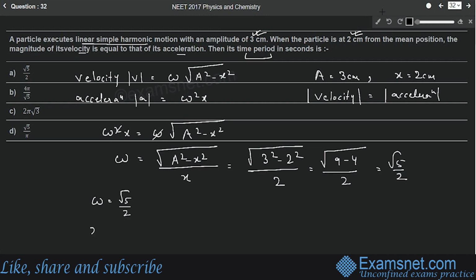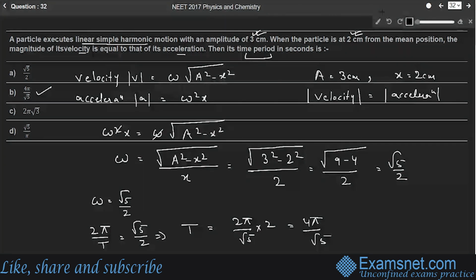Omega can be written as 2 pi by T, so that is equal to root 5 by 2. So what will be the value of T? T will be equal to 2 pi by root 5 into 2, that means 4 pi by root 5. So which option will be correct? Option B will be the correct answer. Time period is equal to 4 pi by root 5.